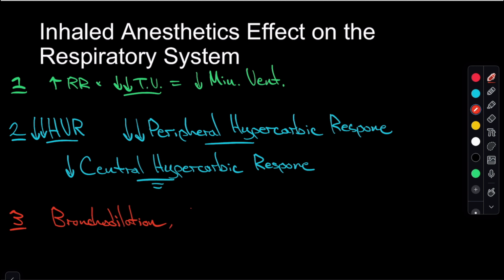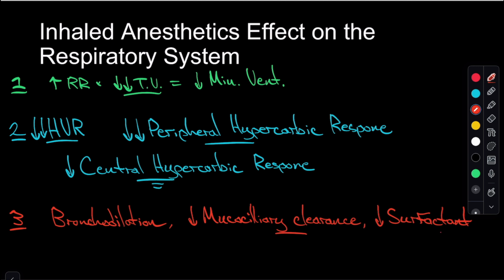The next is decreasing mucociliary clearance, and then also decreasing surfactant production. These two effects are hypothesized to lead to an increased risk of pneumonia or atelectasis in the postoperative period.